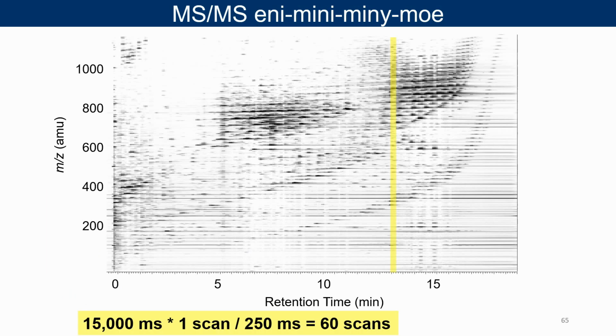So the issue here, of course, is, let's say you're using an Orbitrap, which has relatively slow scan speed, 250 milliseconds on the old Q-Exactive platforms. They're getting a lot faster. And so you can get 60 scans in this chromatographic region.